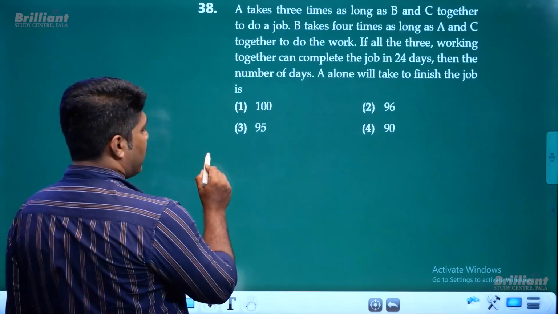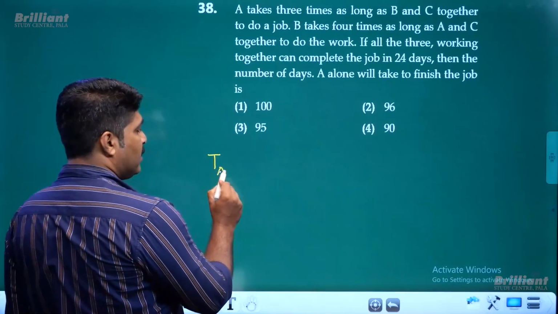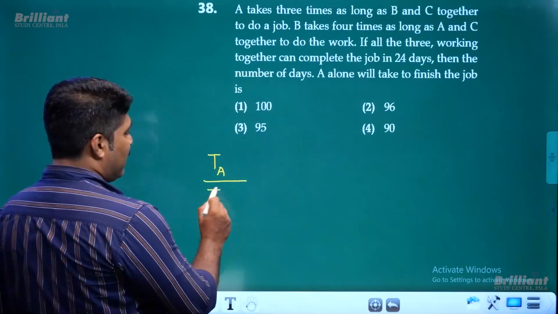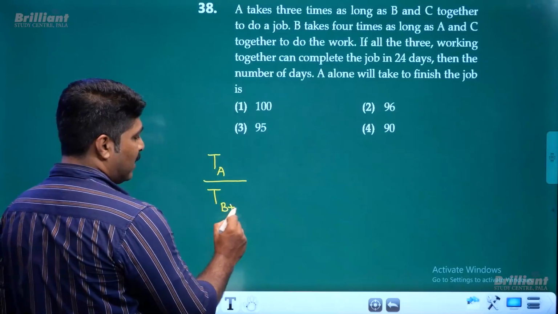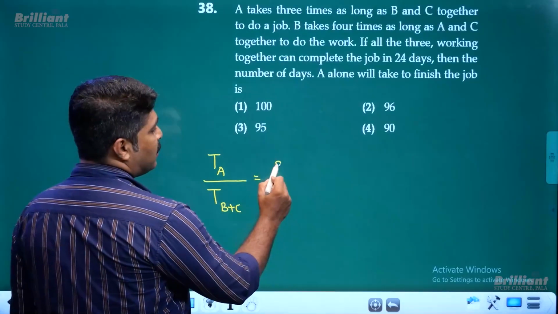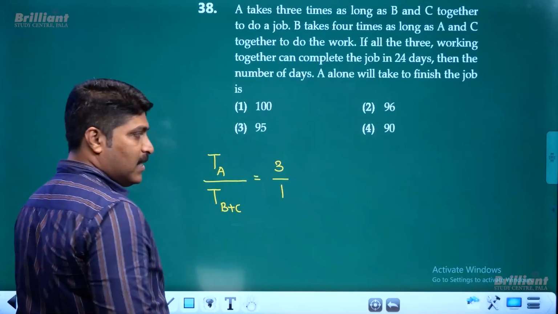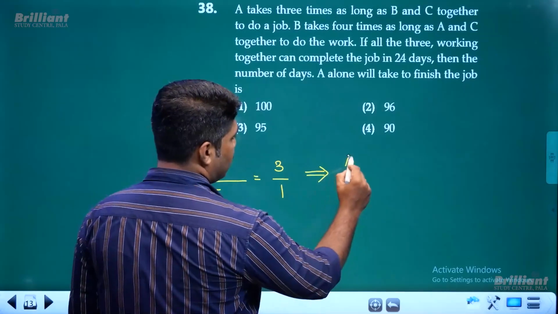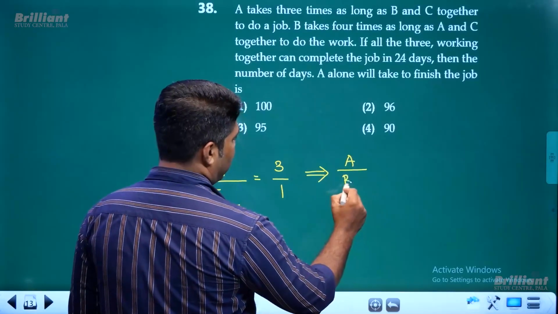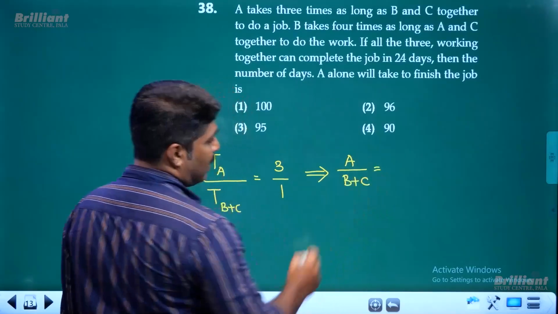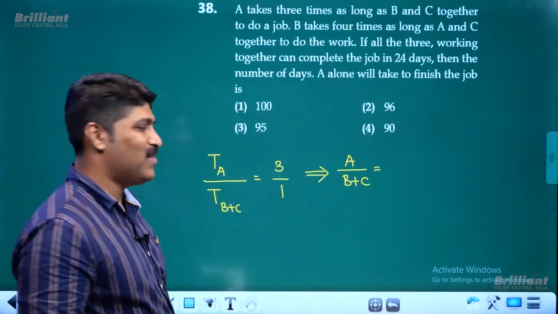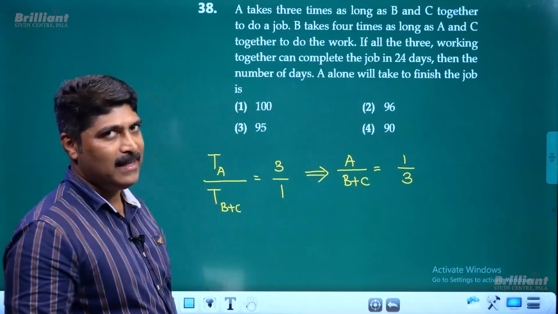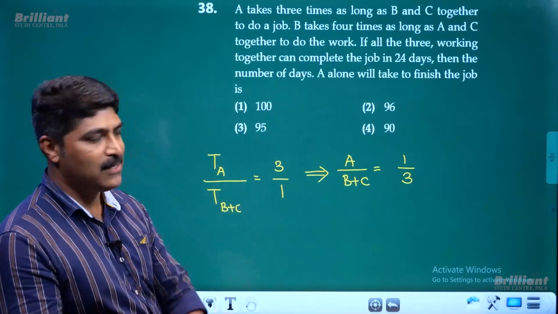Therefore, I just write in the short form like this: time taken by A divided by time taken by B and C are in the ratio 3:1. Therefore, efficiency of A divided by efficiency of B and C, that should be the inverse of this ratio. What is it? This is 1 by 3. Got it? That's the first very important understanding.